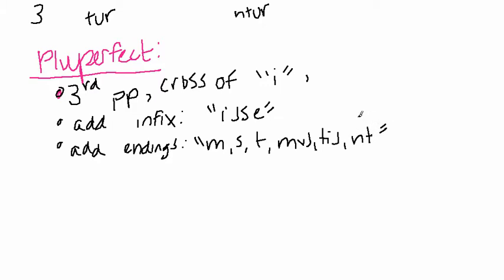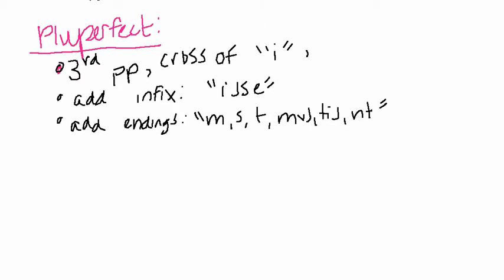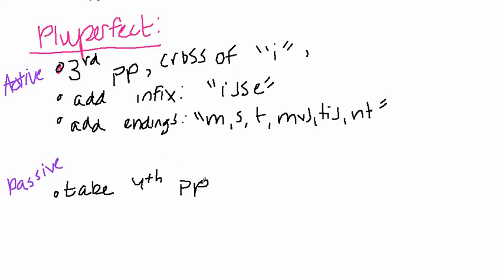And now the passive pluperfect is a bit different. For that you do almost the same thing as what you do for the perfect passive indicative. This is active, by the way. And now for the passive, you take your fourth principal part and match the ending to the subject.